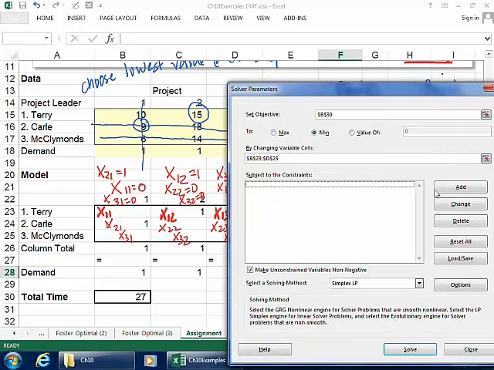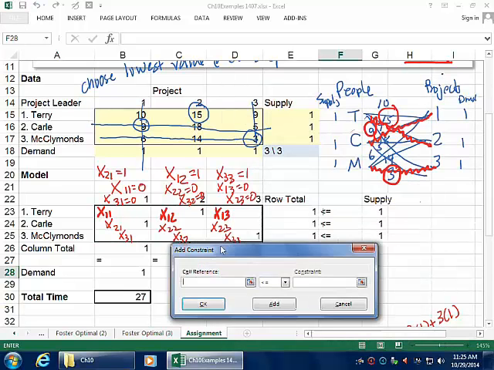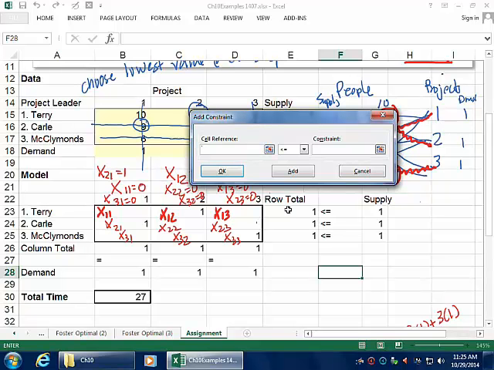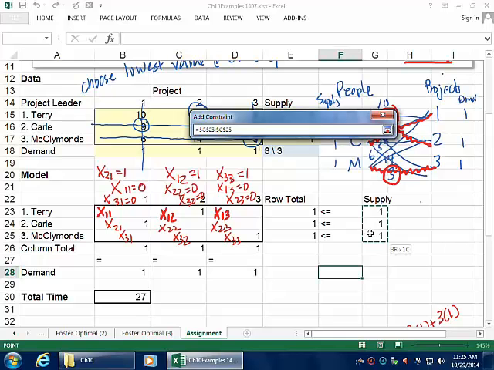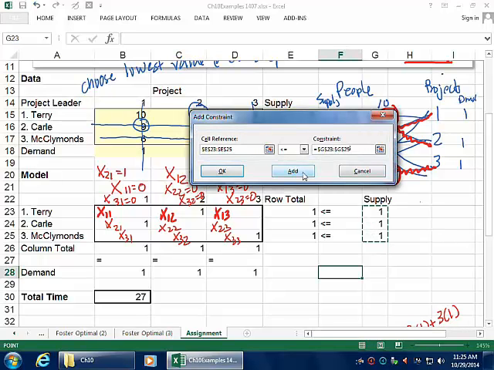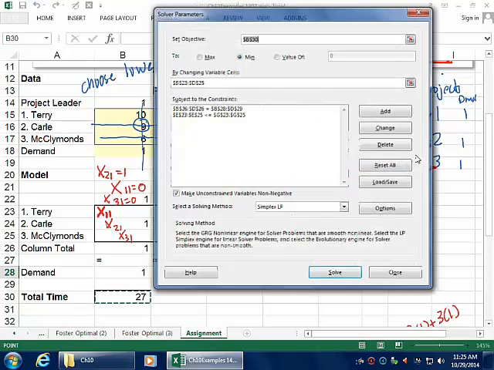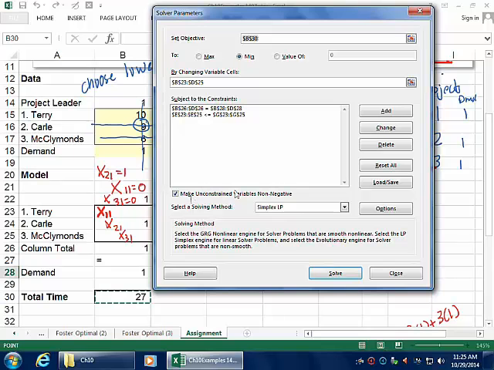Then the constraints: add constraints, row totals less than or equal to the supply values. Then add the column totals equal to the demand values, and then say okay.